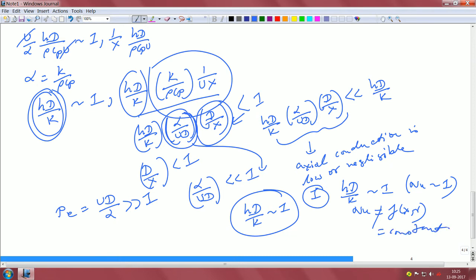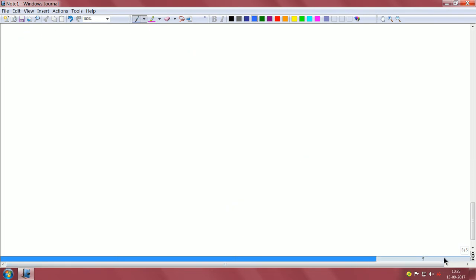That is the first thing that we got. Let us look at the second thing. The second thing that we said is that the Peclet number is much greater than 1, or in other words, ud by alpha is much greater than 1. This is a new quantity that we have defined.